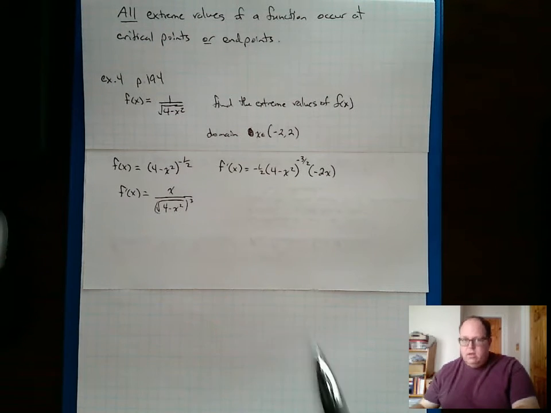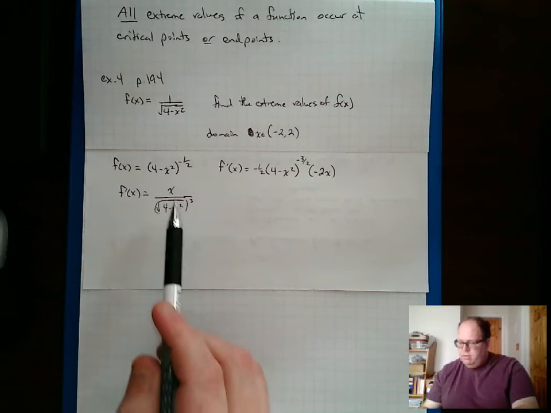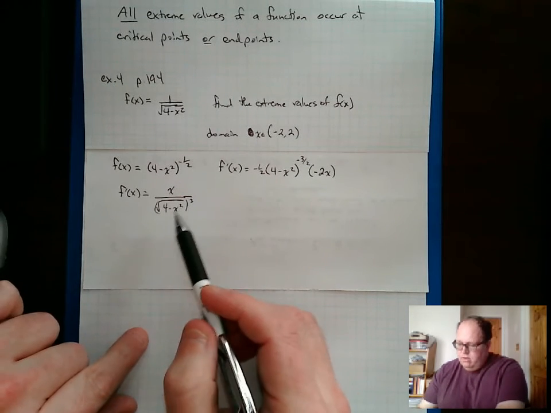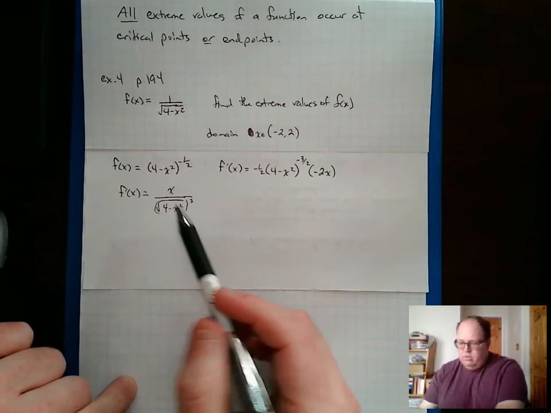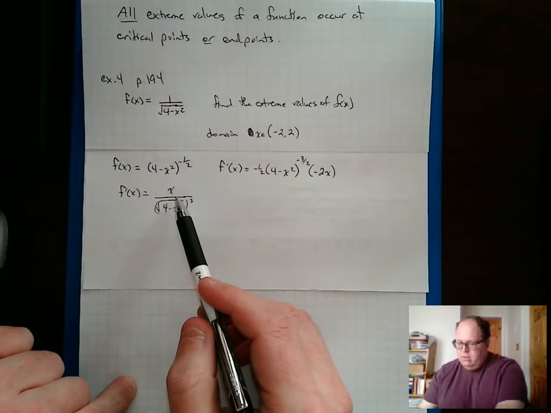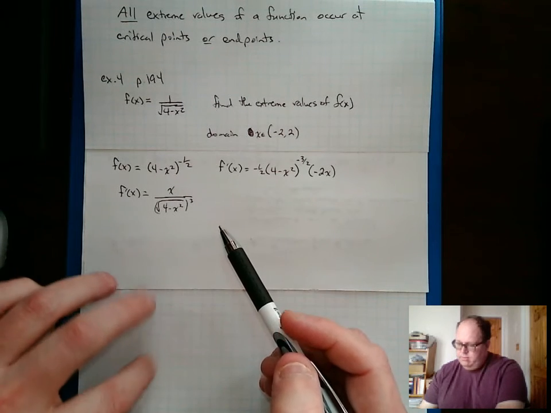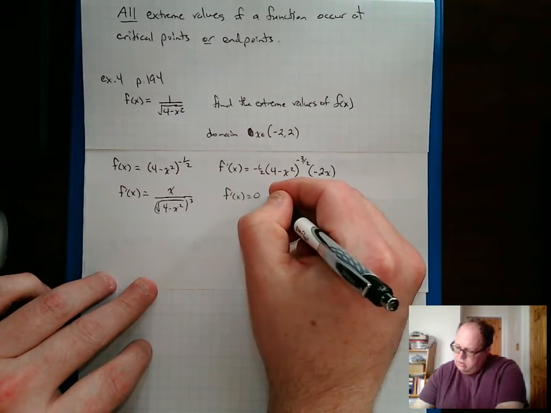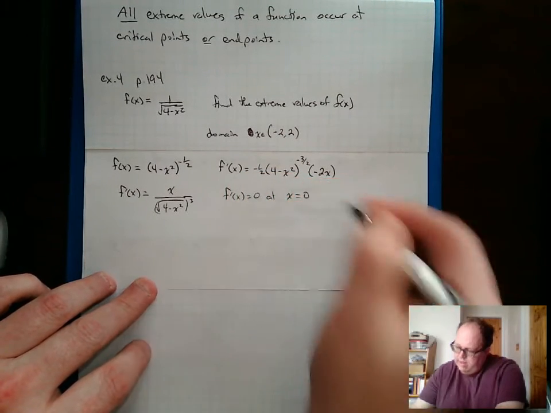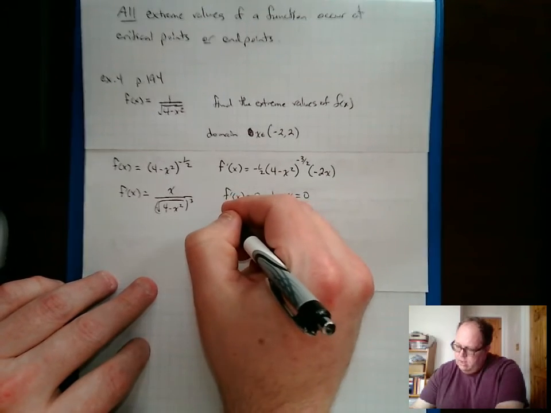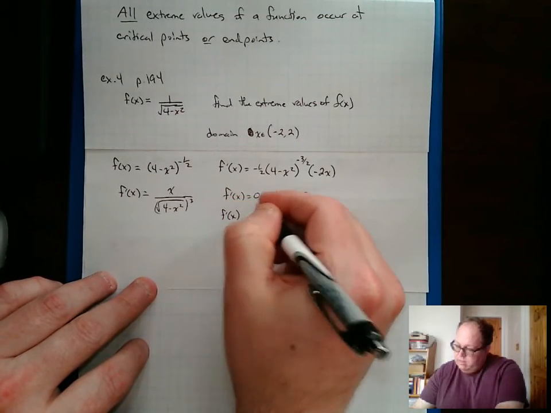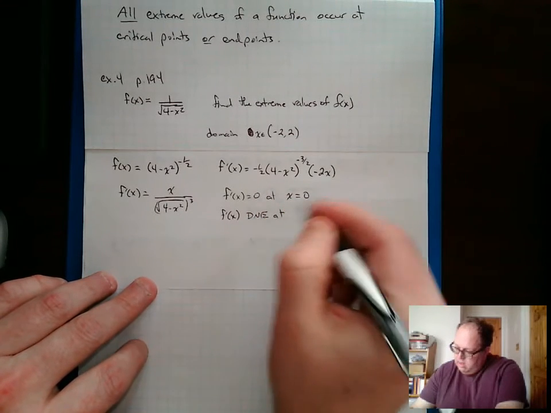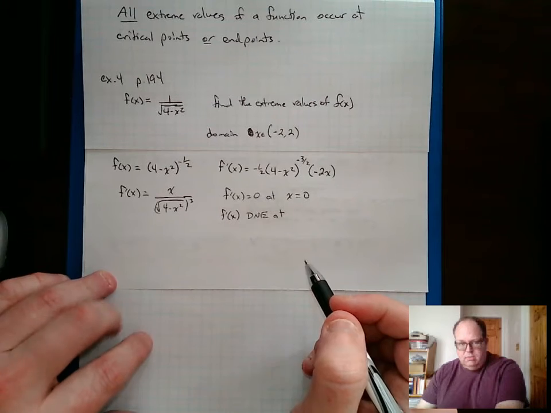So, critical point. That's going to be where this derivative either doesn't exist or equals 0. Now, regardless of all that mess on the bottom, the only place this derivative is going to equal 0 is when x equals 0, because of the numerator. So f prime of x equals 0, and x equals 0. Now, f prime of x does have places where it doesn't exist, and that's going to be when I'm dividing by 0 in the denominator.